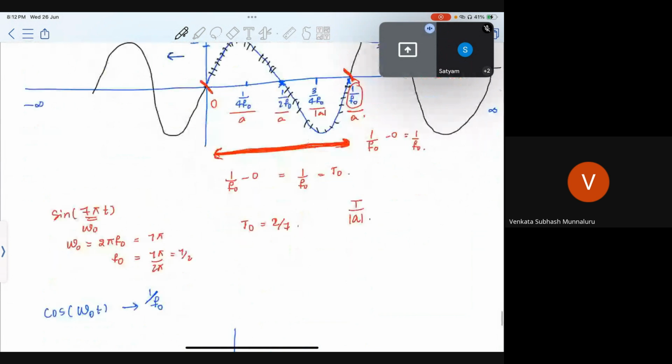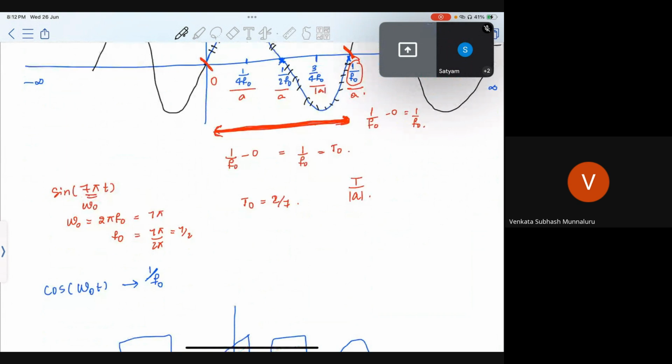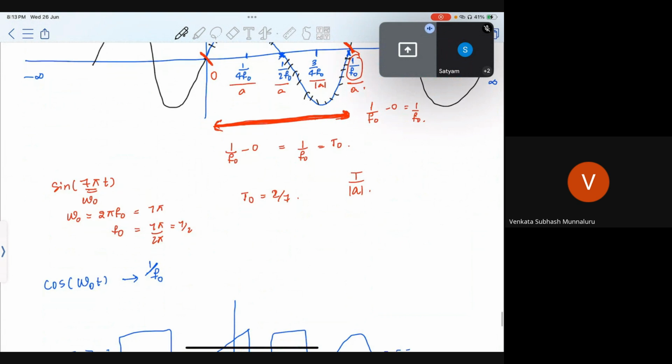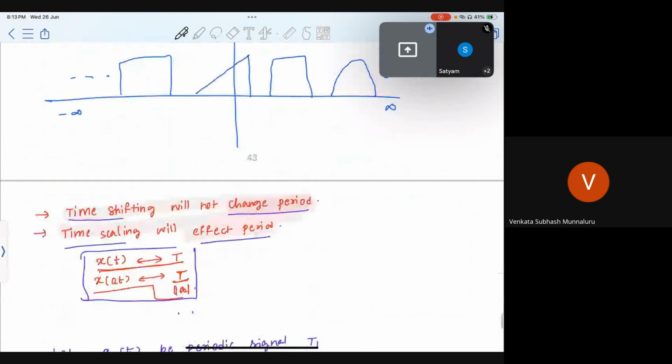You can write sine 7 pi t in sine 2 pi f naught t form, from which f naught is 7 by 2, and hence the fundamental period is 1 by f naught, which is 2 by 7. Even for the cos omega naught t signal, the fundamental period is 1 by f naught. There are two comments we revised from the professor's lectures. The first one is that time shifting will not affect the period of the signal.